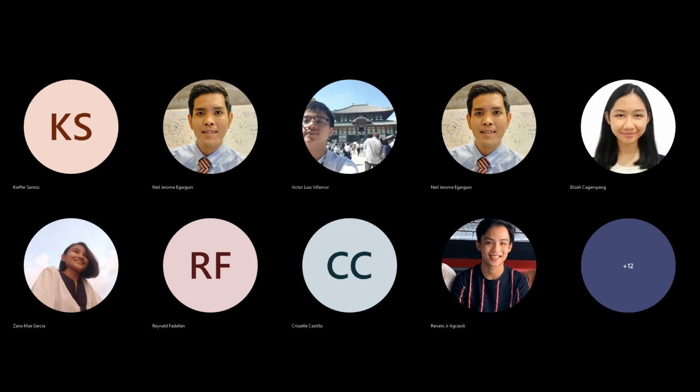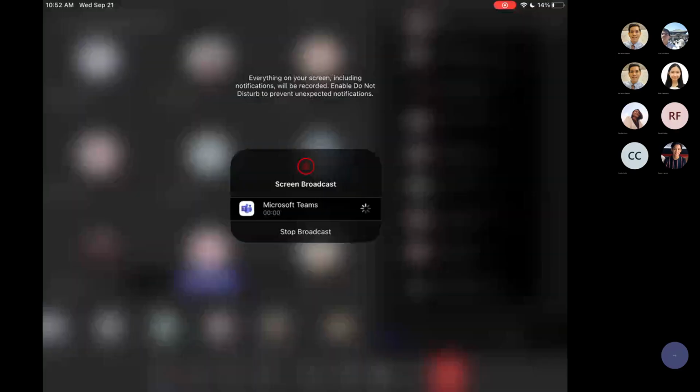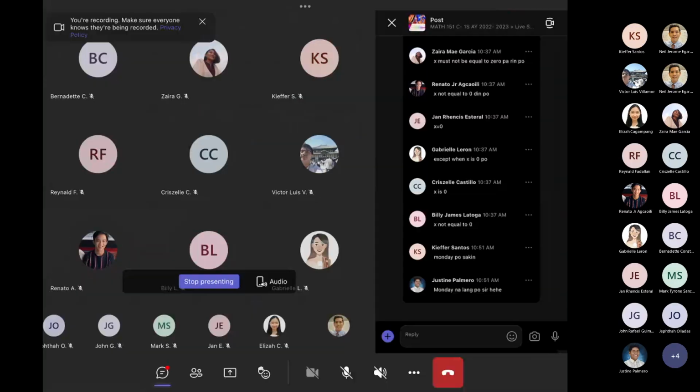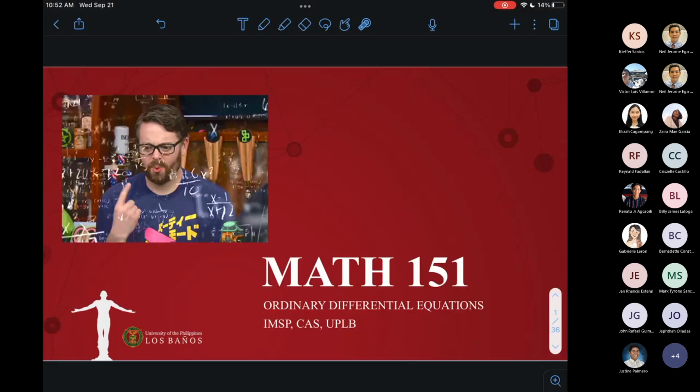Medyo malaki yung percentage ng exams to your final grade. So yeah, let's muster all the points as early as now, all right? So deadline would be on Monday. I'll send an email or an announcement via Canvas later, para clear sa lahat kung kailan yung deadline.